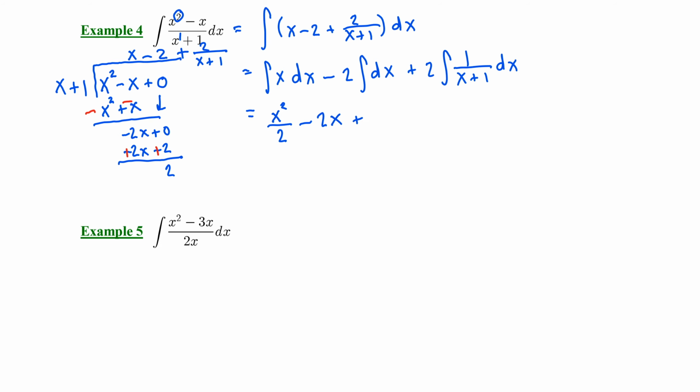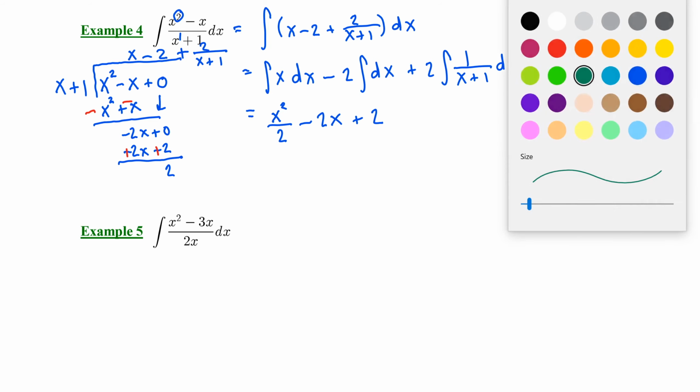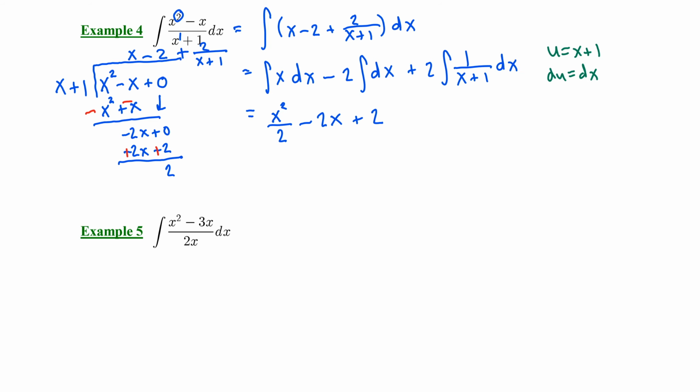Now the last one requires a u substitution, so we recognize here we're dealing with the pattern integral of 1 over u du, which turns out to be the natural log of the absolute value of u, which eventually we would go back and replace with x plus 1.